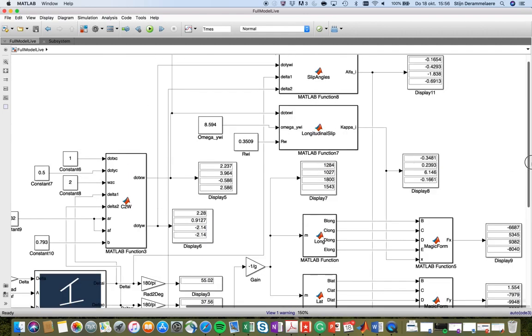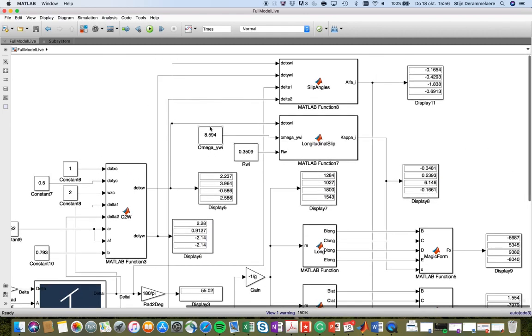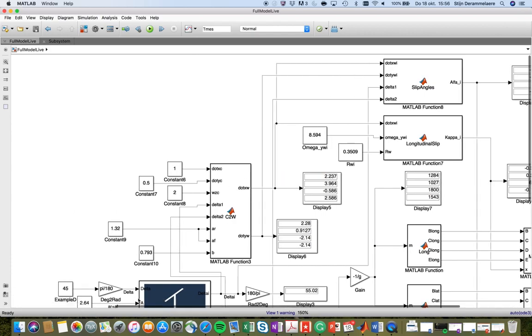So let's look at the inputs. We have the rotational speed of the wheels, the radius of the wheels, we have the movement of the center of the car in the x direction, the y direction, and the yaw rate of the car, the speed at which the car is turning. We also have the dimensions of the car, AR and AF.